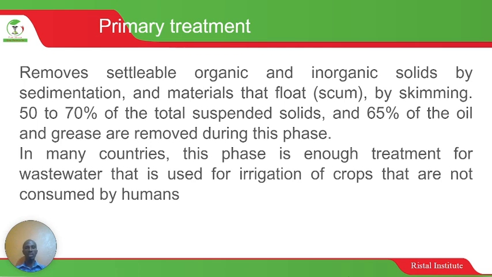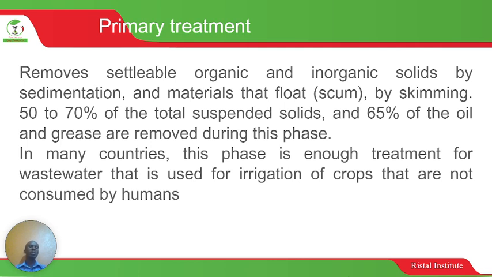After all this, 50 to 70% of those total suspended solids and 65% of oil and grease can be removed at this phase. Okay, so this is the phase that can be used when you want to irrigate crops that are not going to be consumed by humans.